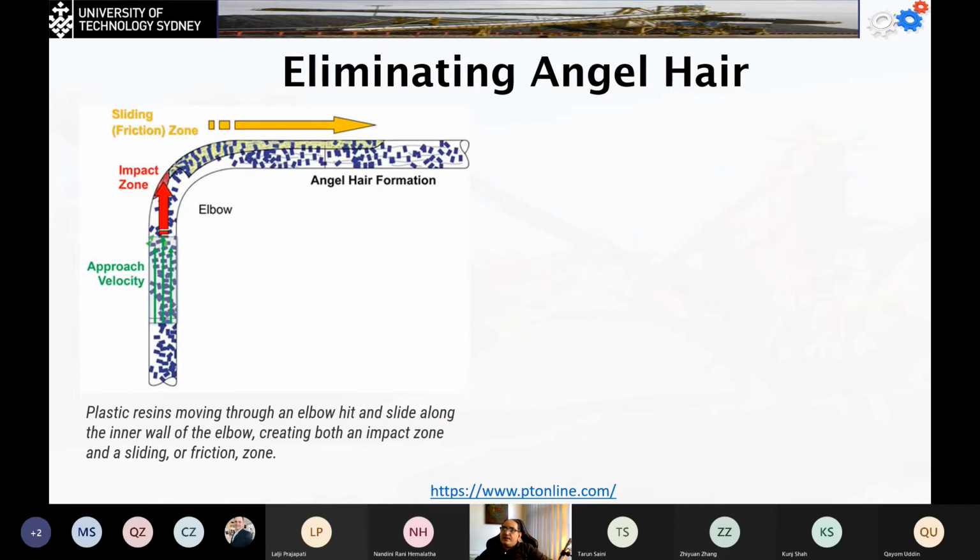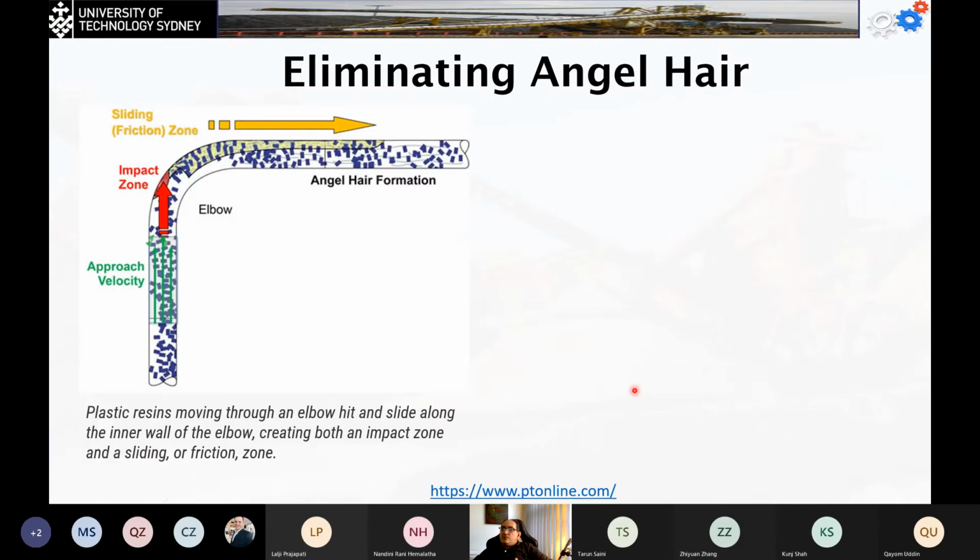So how can we eliminate the angel hair? Usually, for example, plastic resin moving through the elbow hits and slides along the inner wall of the elbow, creating both an impact zone and a sliding zone, or a friction zone.